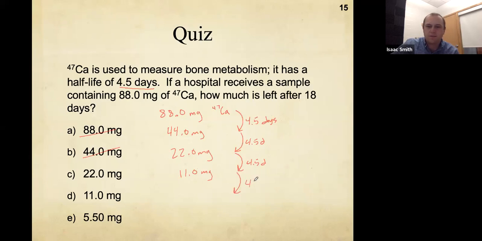And then if I do another 4.5 days, we would have 5.50 milligrams, and this would be a total of 18 days, okay? So after 18 days, we have 5.5 milligrams, which would be E, okay?